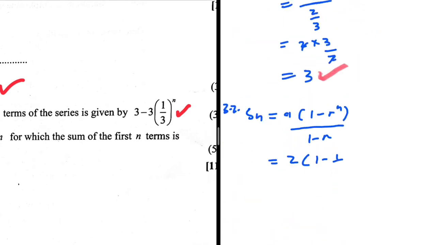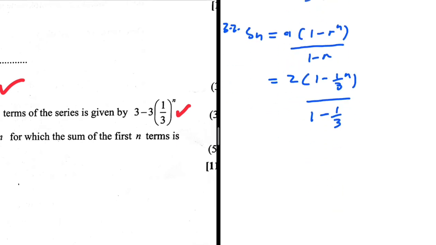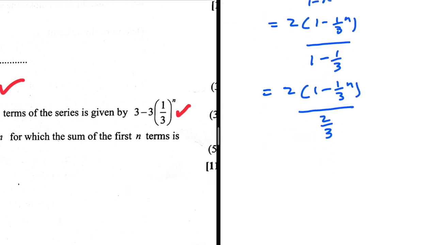So we have 1 over 3 to the power n. Everything divided by 1 minus r. So that is 1 minus 1 over 3. So we will get 2 multiplied by 1 minus 1 over 3 to the power n, divided by 2 over 3. Okay, we're making progress. So let's multiply out by 2 on the numerator. We'll get 2 minus 2 over 3.